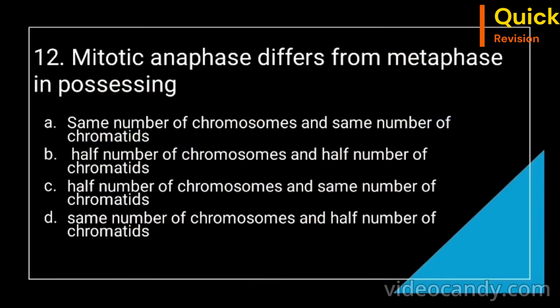Mitotic anaphase differs from metaphase in possessing: same number of chromosomes and same number of chromatids, half number of chromosomes and half number of chromatids, half number of chromosomes and same number of chromatids, same number of chromosomes and half number of chromatids. What will be the correct option? That is option number D. It has the same number of chromosomes and half number of chromatids.